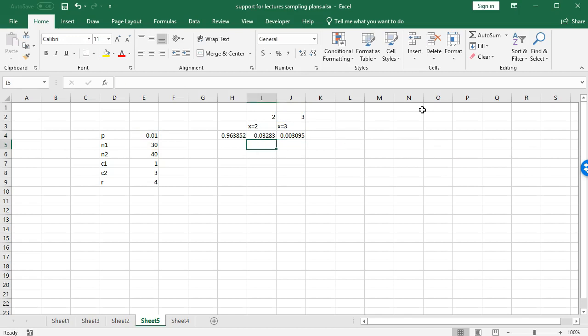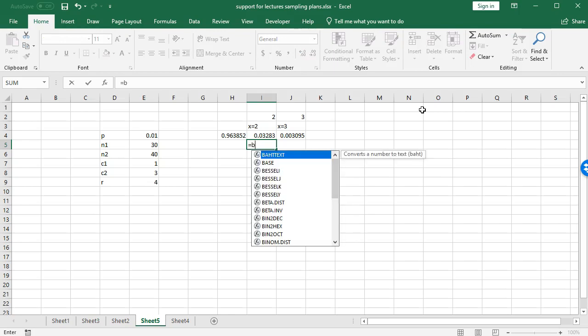Now, if we have a number of defects found in the first sample, we can still have one more defect found in the second sample and still would pass. What is the probability of that happening?